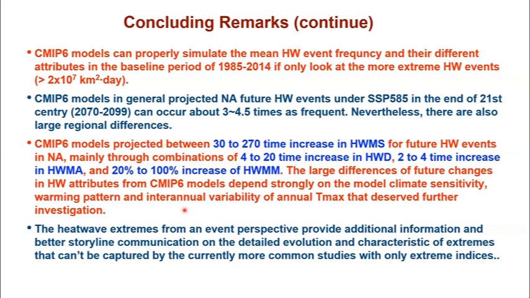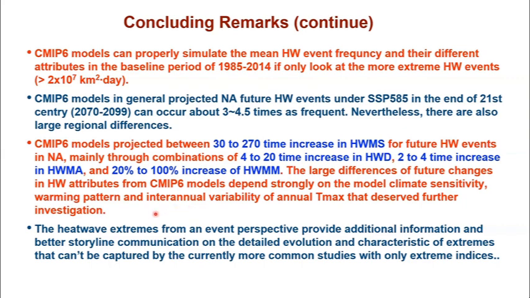Okay. And why is there such a large difference between this climate change in terms of these individual heatwave attributes? I think it also depends strongly on the model climate sensitivity, since some models get warmer than others, and also the warming patterns are different. And then the internal variability of annual Tmax can also play some role there.